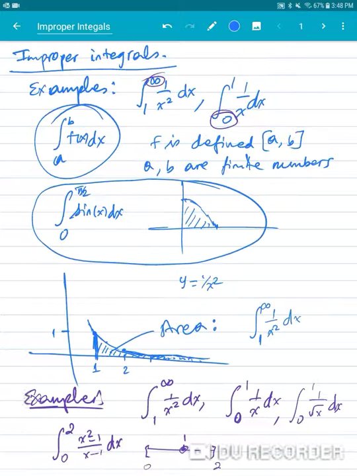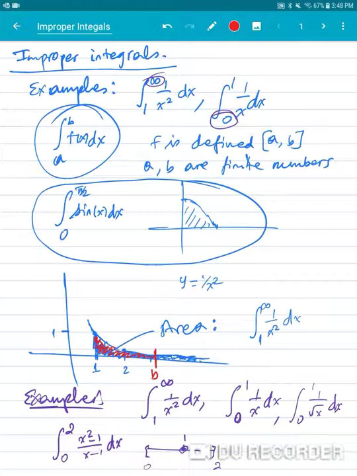So in the process of trying to find the area under this curve, what we're doing is we're just putting a b here, kind of like a stop gap, and evaluating the area from 1 to b.